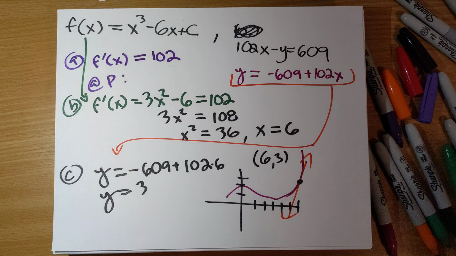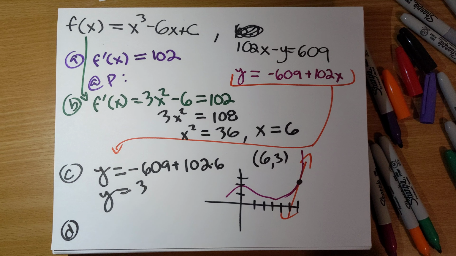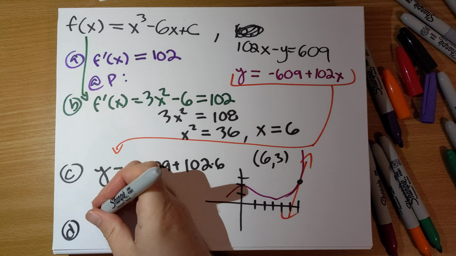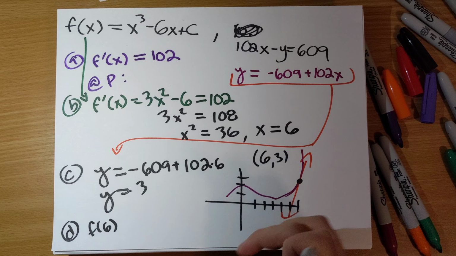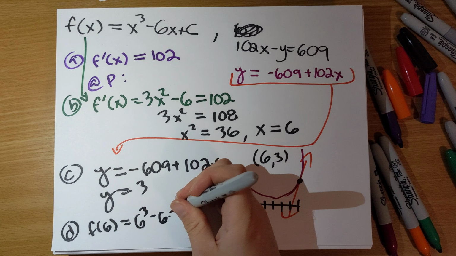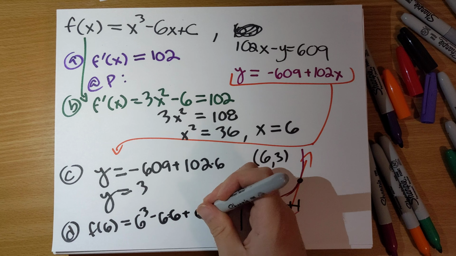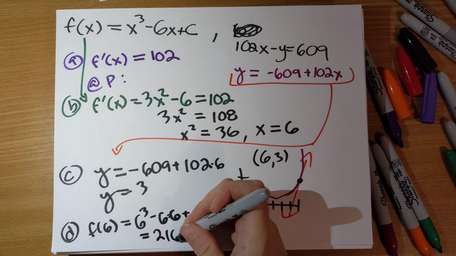Okay, so then for the final part, we're asked to find the value of C. Well, to do that, we know f of 6, plug in x is equal to 6, is 6 cubed minus 6 times 6 plus C here. 6 cubed is 216.